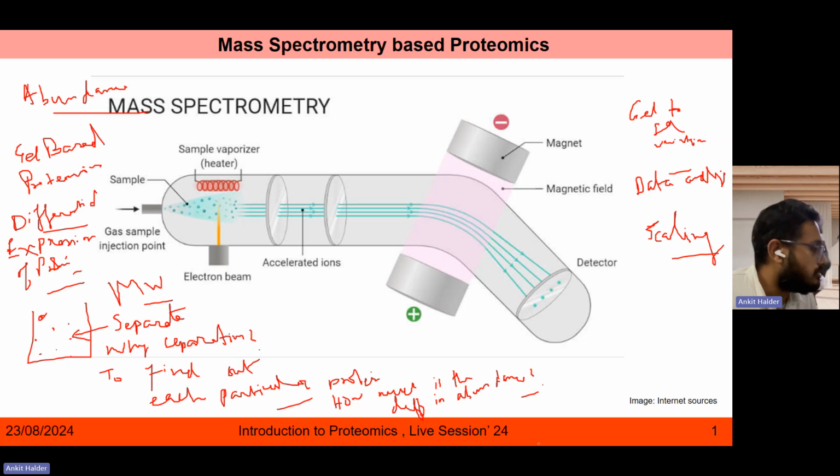So today, in continuation with this week's task, we will look into the principles of mass spectrometry and how we finally identify the ions and the proteins.